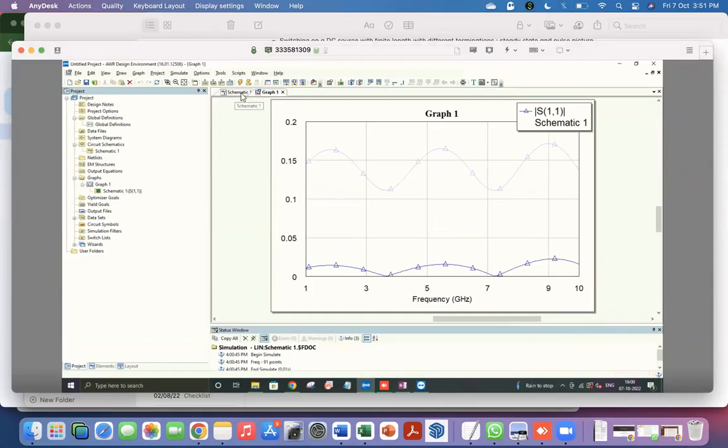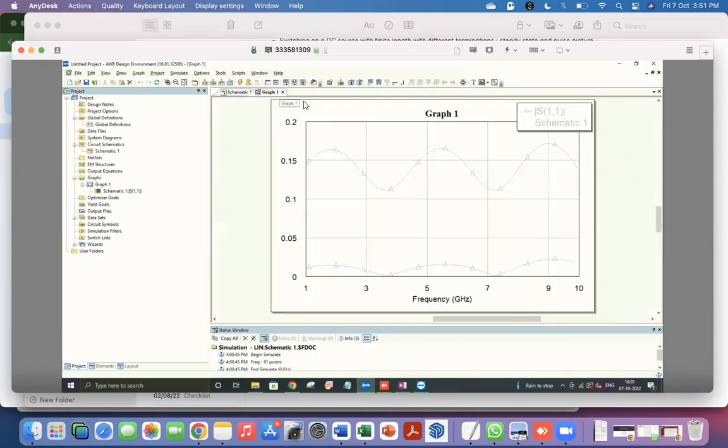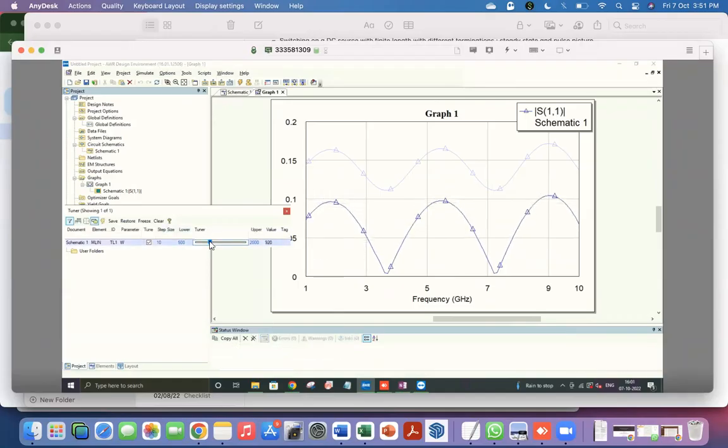But what we really want is 50, so we can look at this and open the slider. So 54 means we have to come lower, which means we have to increase the width, which is what I'm doing now.